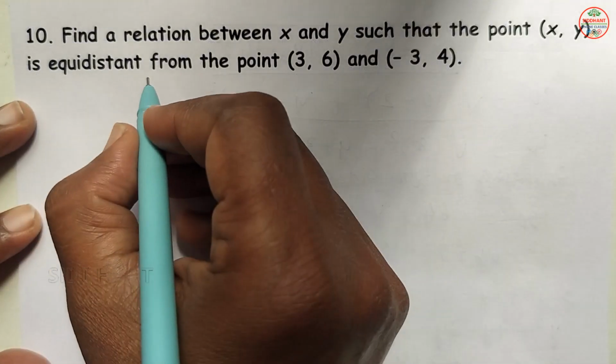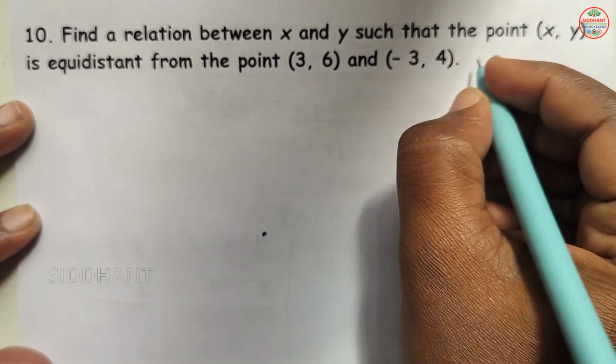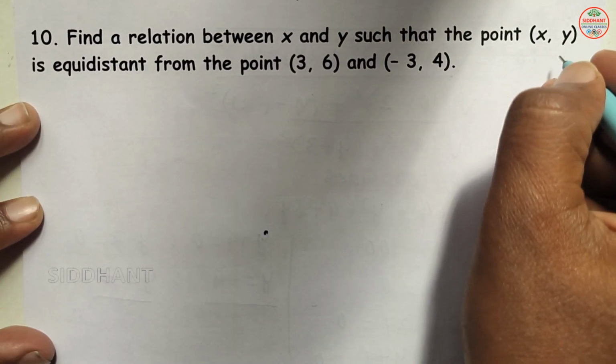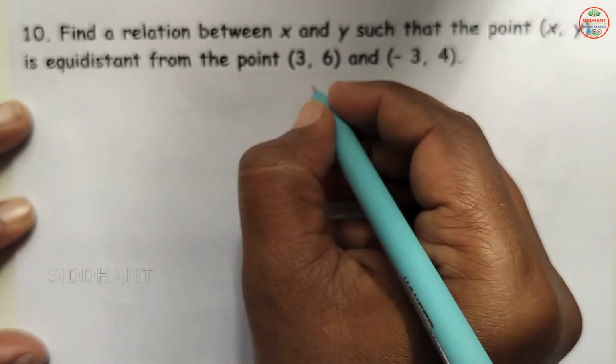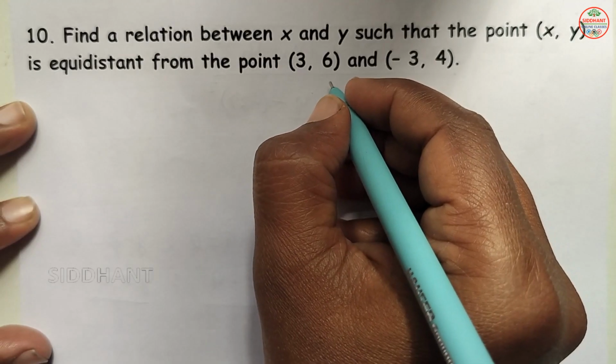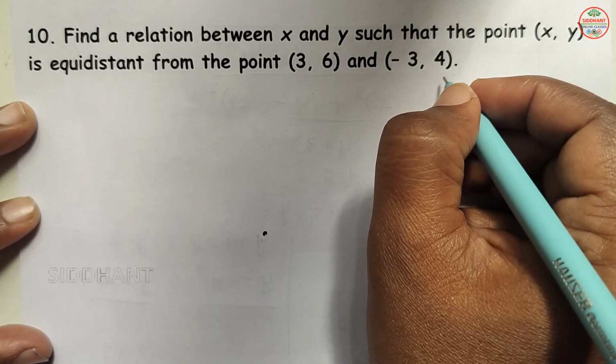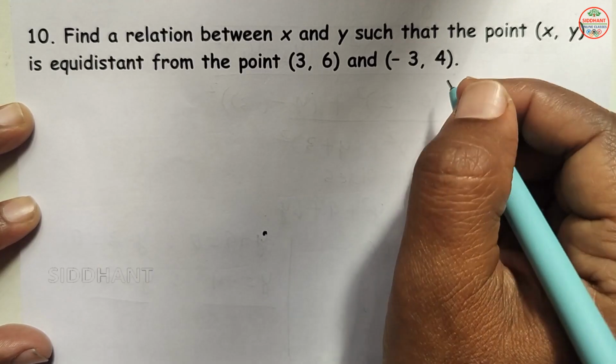Question number 10. Find a relation between x and y such that the point (x, y) is equidistant from the points (3, 6) and (minus 3, 4).